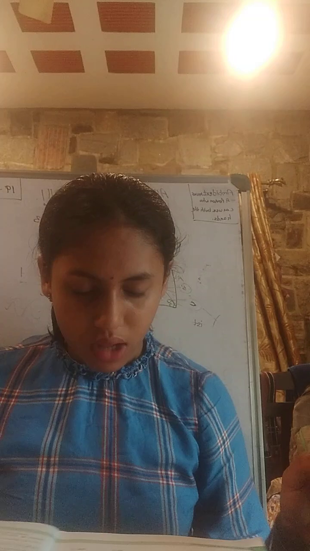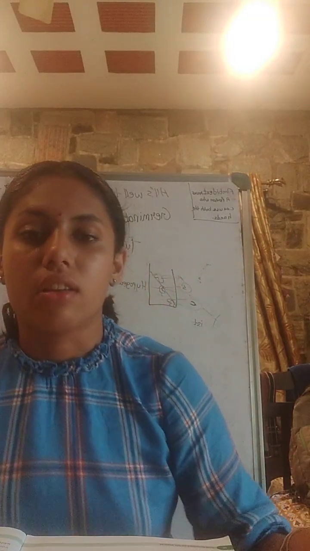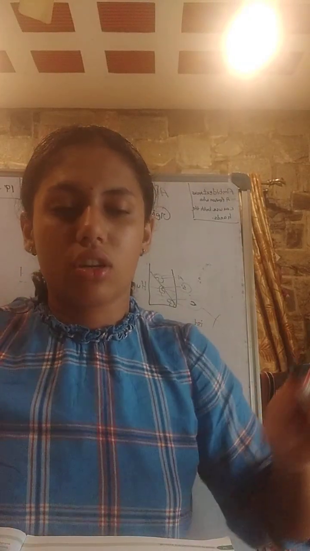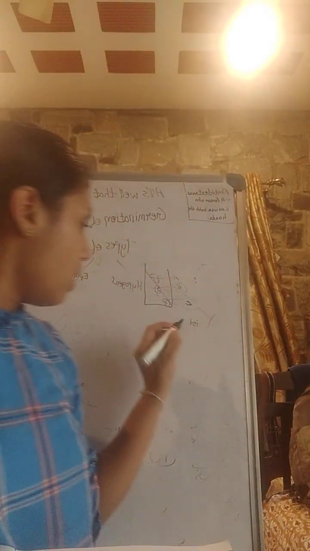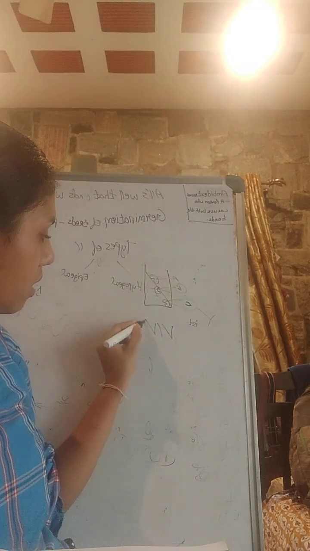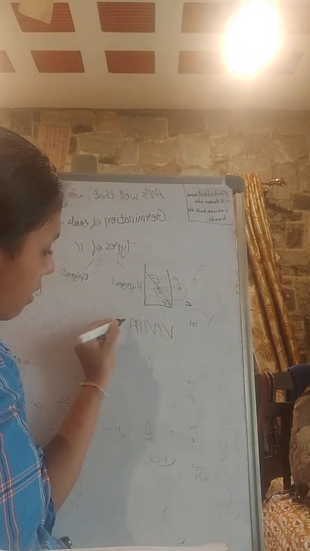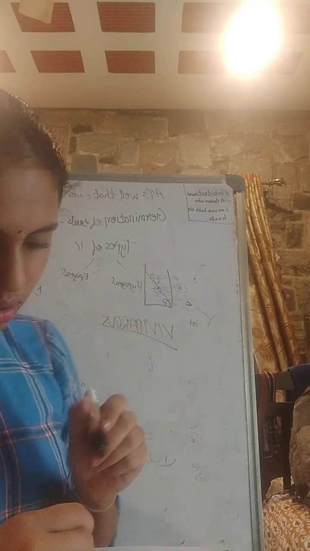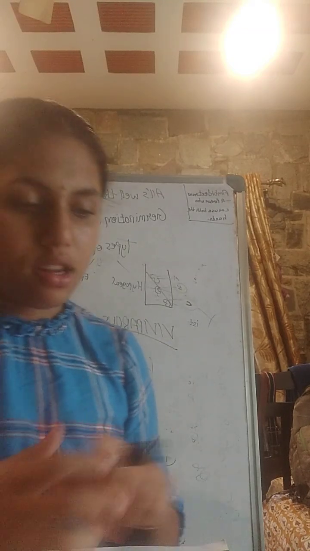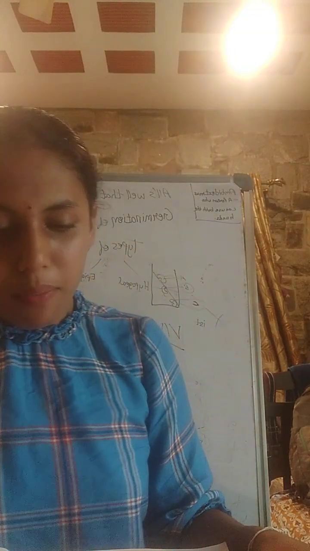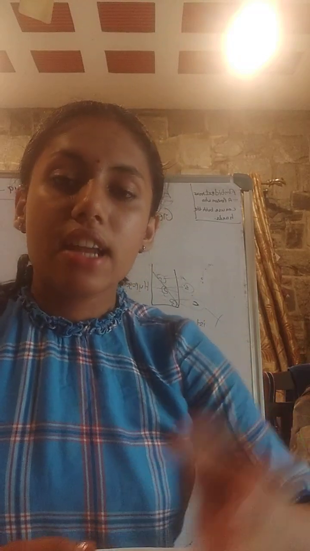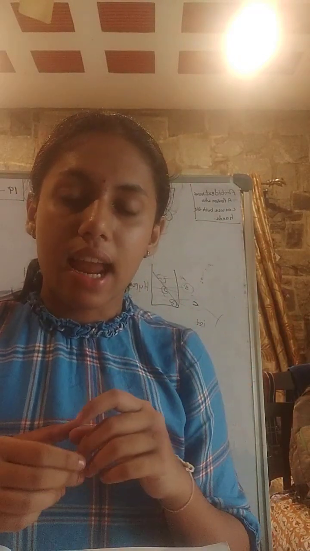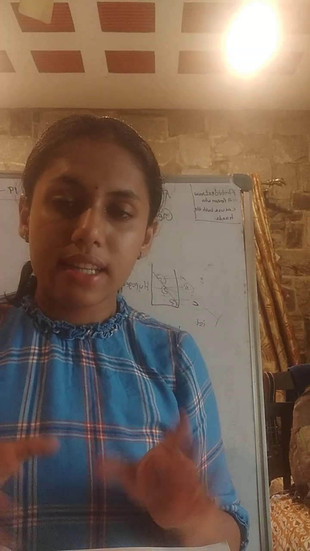Okay. Now we will learn about viviparous germination. What is viviparous germination? Viviparous germination is the phenomenon where the seed grows inside the fruit itself.